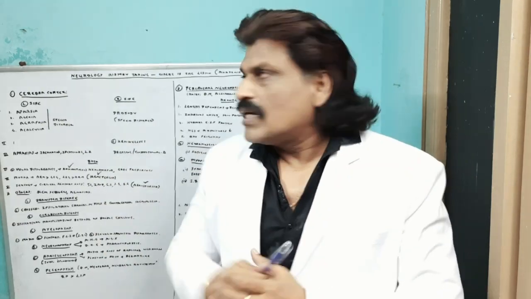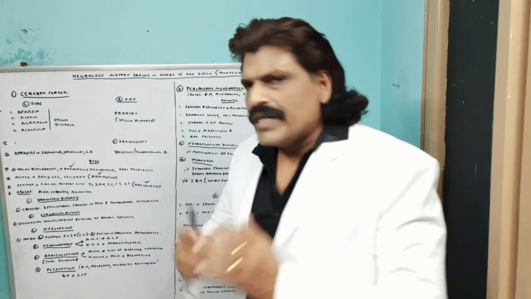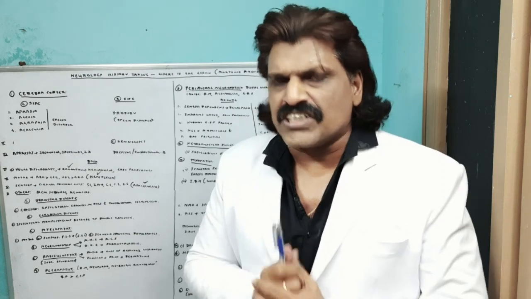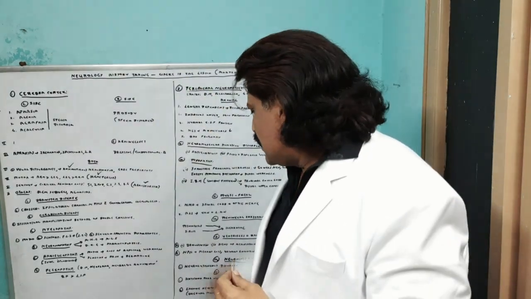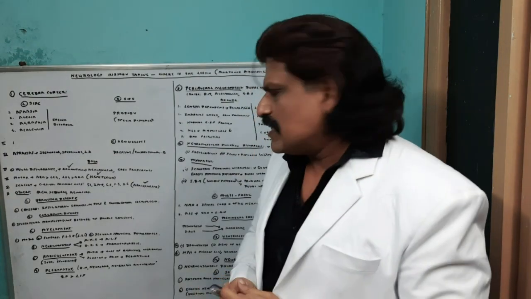Neurological history, where is the lesion, the anatomic diagnosis. Here we go. So we would like to know where in the nervous system the lesion is. It could be anywhere in these 15 areas.